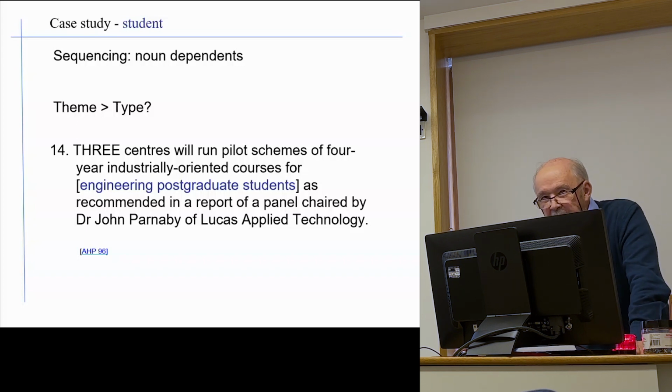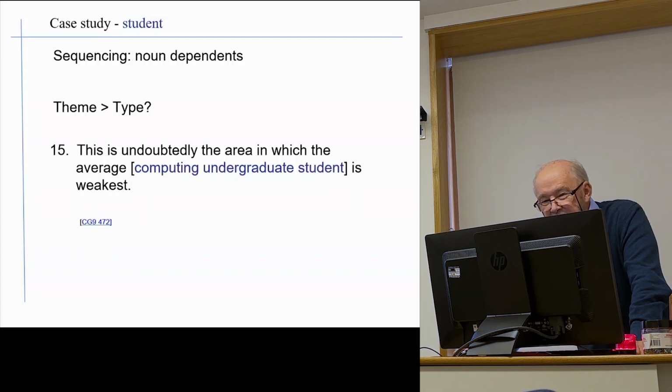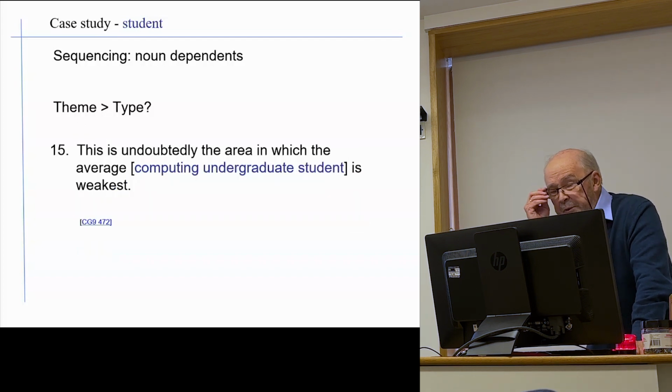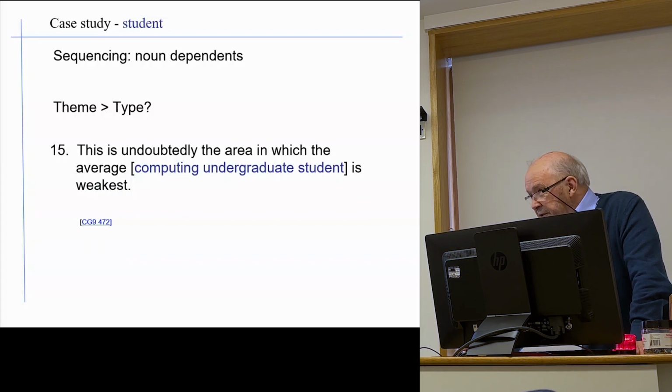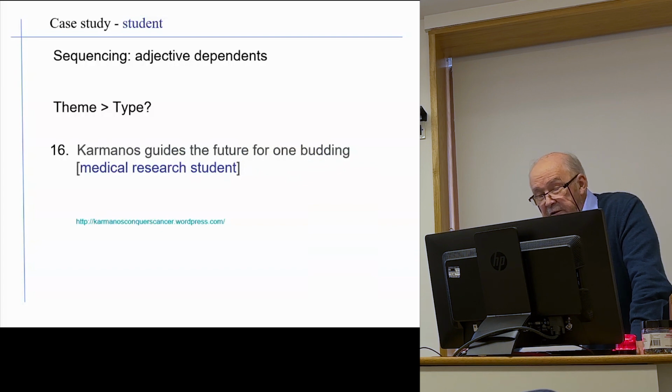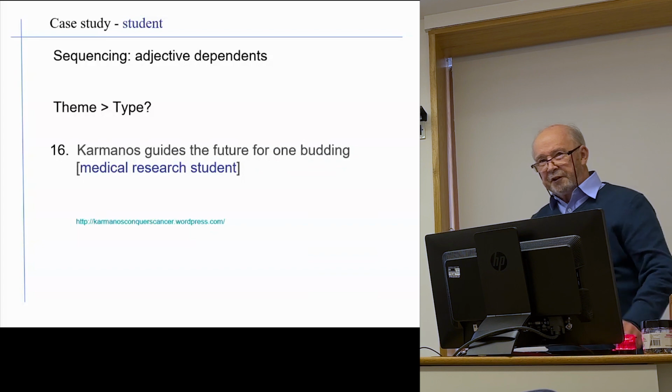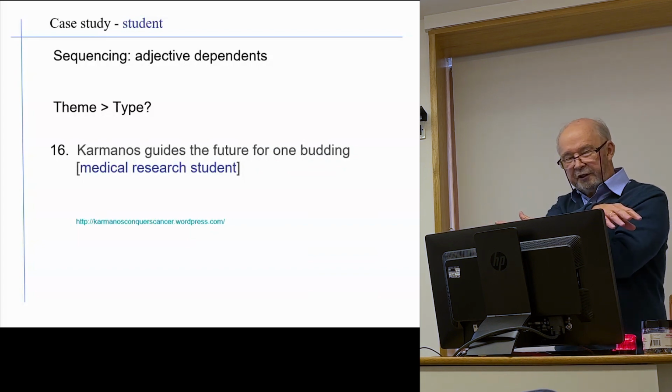Well, I was surprised when I saw this, but it seems to be what we have. There's another one, computing undergraduate students. Well, you could just as well have undergraduate computing student. Medical research student. Interestingly, that one doesn't go so well the other way. Research medical student. Well, it's a bit odd.